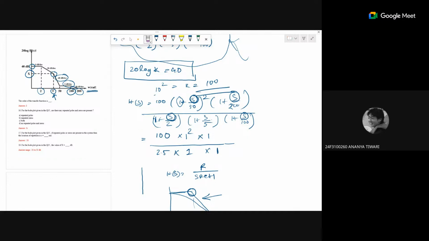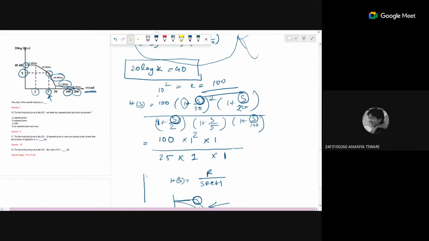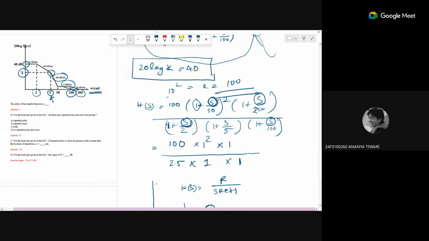Sir, can we find that x value by using tan theta equals perpendicular upon base? No, that is not a linear scale. It is a log scale. We can't calculate the entire part like this.